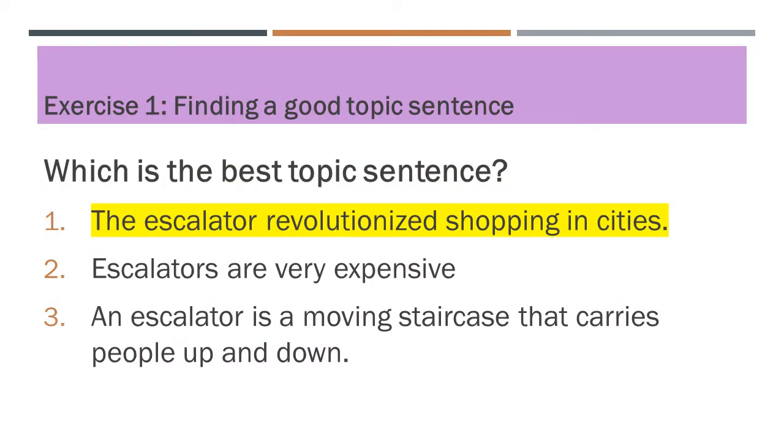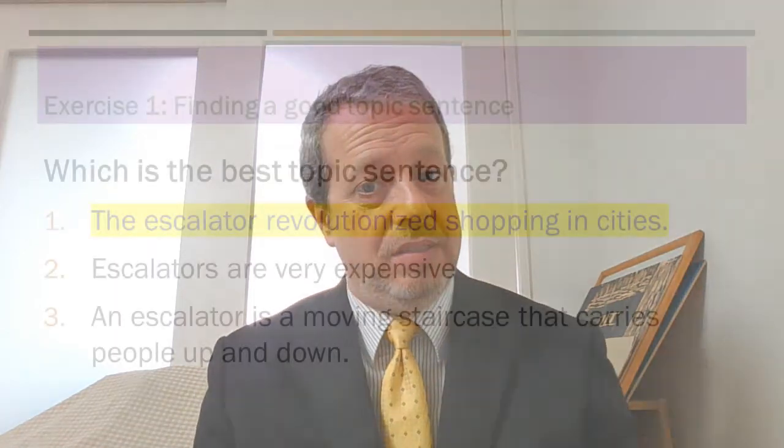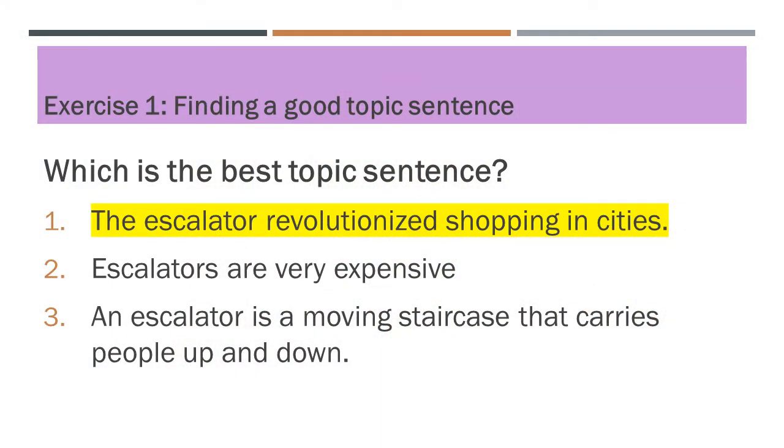Much, much too narrow. This sentence is just a definition of what an escalator is. And it's going to be very hard to use this topic sentence to add any support. You've almost said everything in this sentence. There's nothing else to say. So, number three, it's not a good topic sentence.